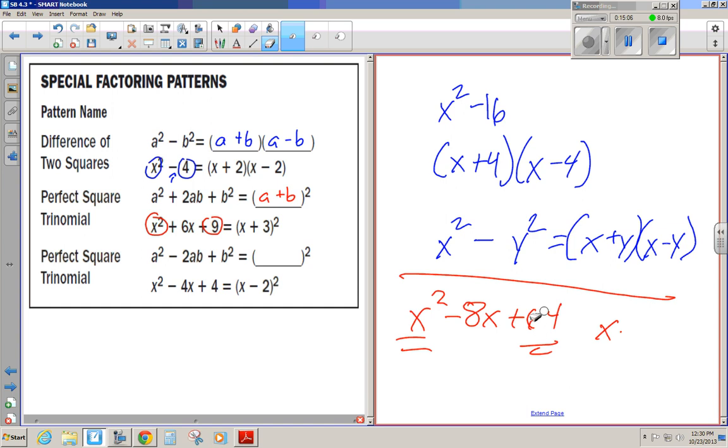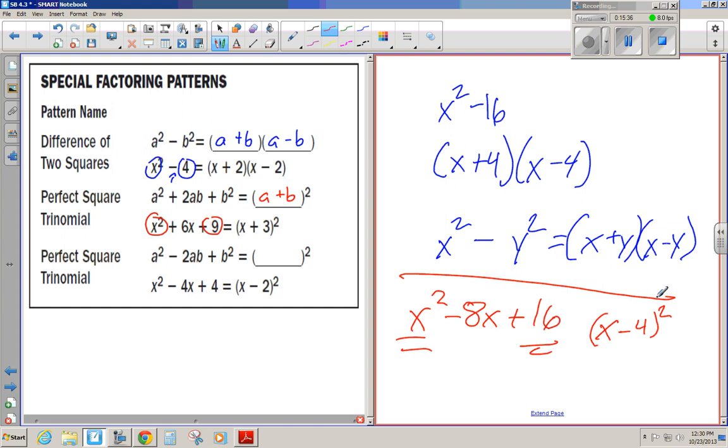Erase the 64. X squared minus 8x plus 16. So for this one, we're hoping that this is x minus 4 squared.